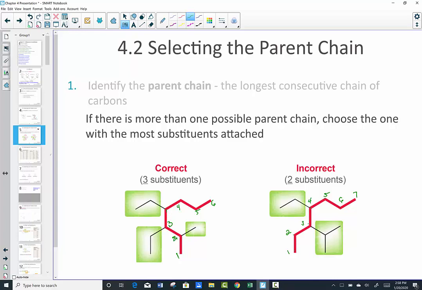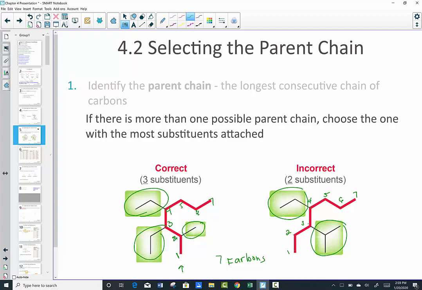Both have 7 carbons in the parent chain. So which one would I select? Only one can be correct. And the answer says, well, if I picked this first, starting at carbon 1, I have 1, 2, 3 branches coming off of that parent chain, whereas with this I only have 1, 2 branches coming off of the parent chain. You want it to contain as many substituent branches as possible.